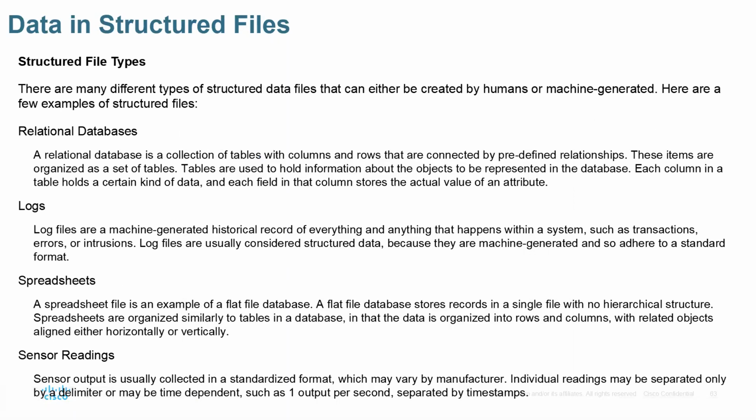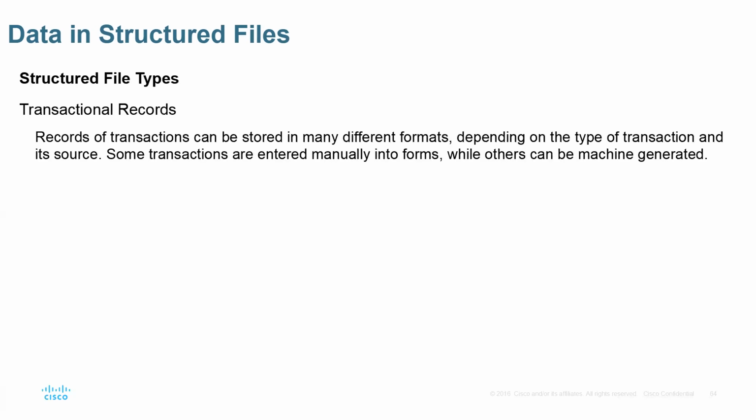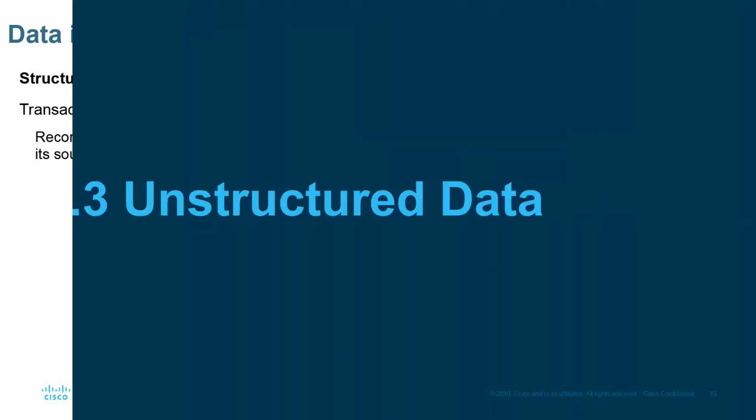Spreadsheet is also structured, sensor reading from maybe a thermometer, or what other sensor do we have, or pressure, it can be tire pressure, it can be atmospheric pressure, it can be anything, right? Sensors, it can be your heartbeat. These data are structured. Transactional records are also structured.